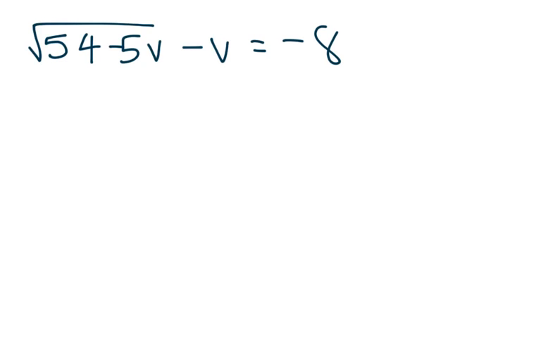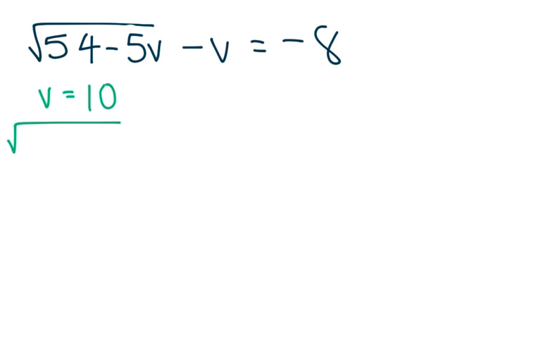So my original problem, again, is square root of 54 minus 5v, minus v equals negative 8. Remember, you always check it in whatever you were given. You always check it in the given problem. So first I will check v equals 10.